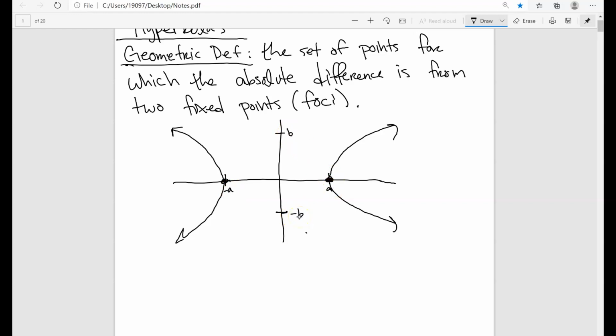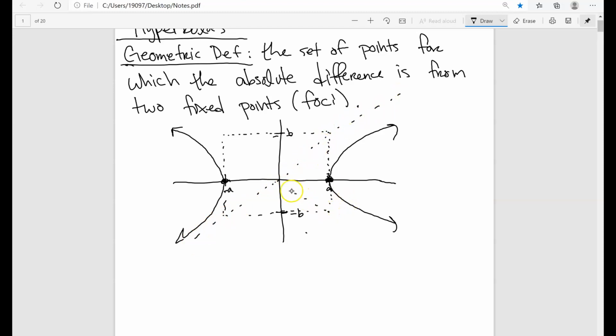So usually what happens with this hyperbola is that I typically draw a little box with the A and the B. So when we're graphing it, I typically like to draw this, because this box is symmetrical. So this hyperbola is going to have asymptotes along the diagonal. So imagine that those are asymptotes.